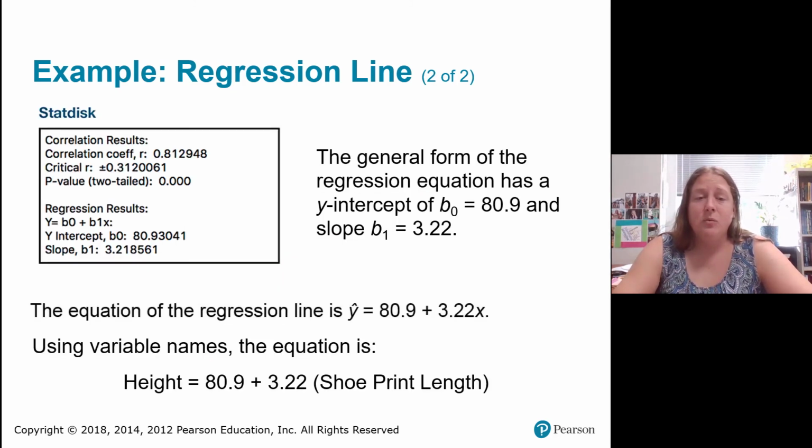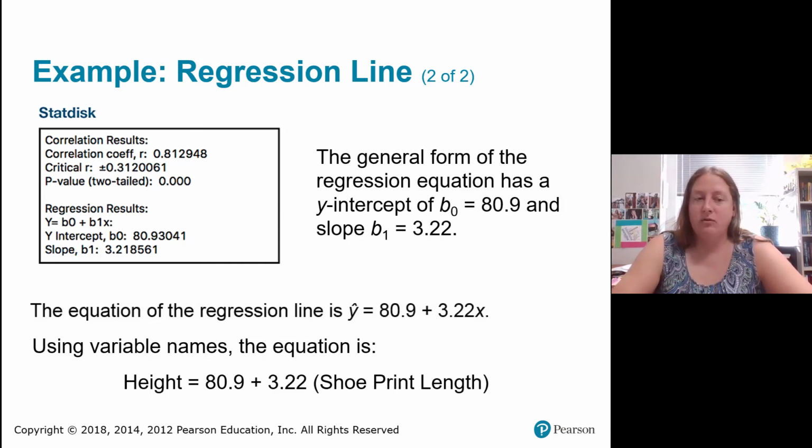And again, we can use statistical software to determine what the slope and the y-intercept are. So using that statistics software, we found a y-intercept of 80.9 and a slope of 3.22. So the equation of our regression line is y hat, which is our predicted value of y, is going to be equal to 80.9 plus 3.22 times x.